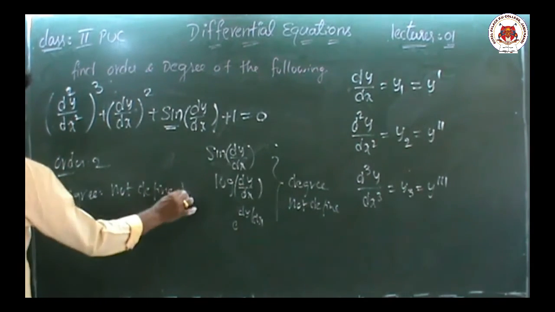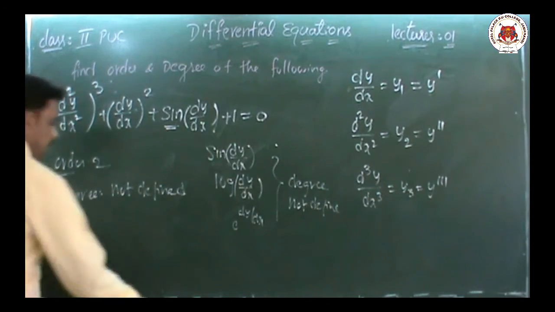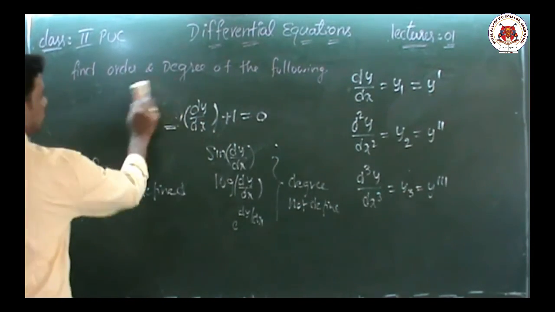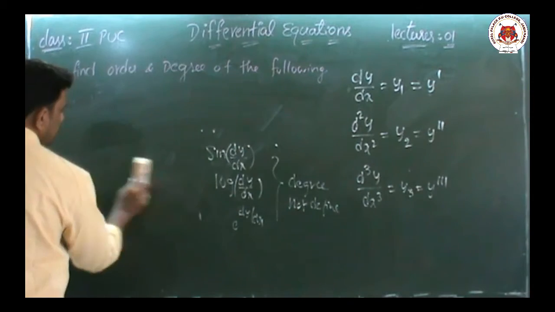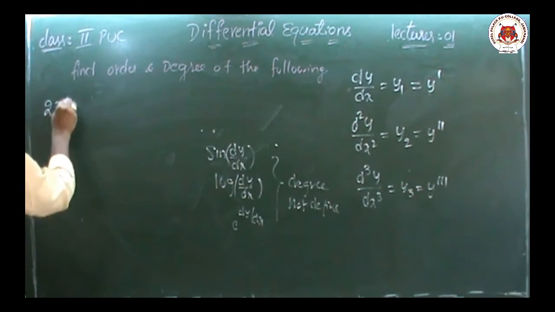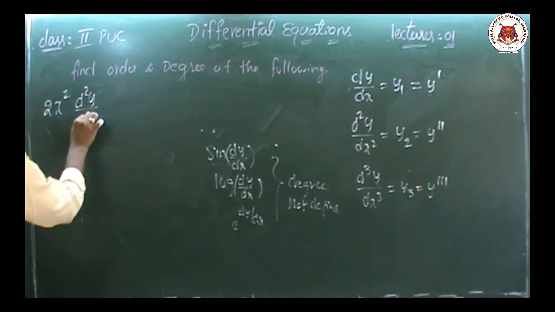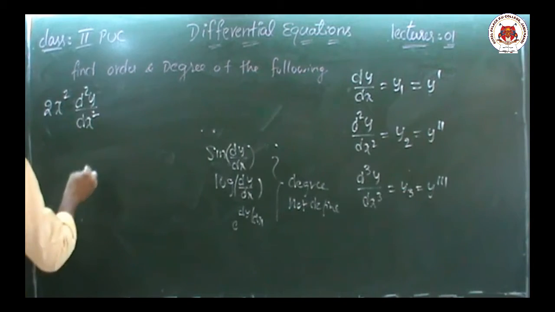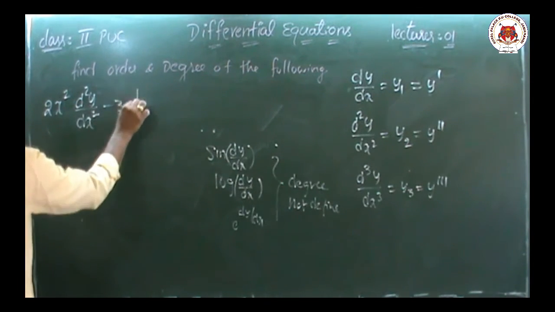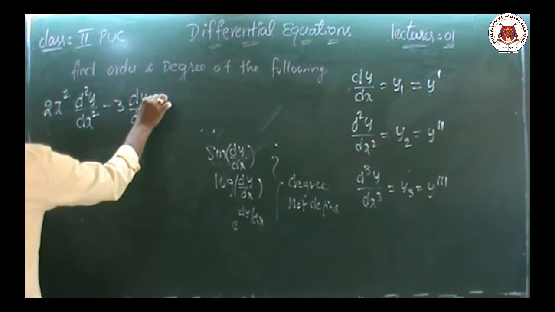To discuss another question, the next question is 2x square into d square y by dx square minus 3 into dy by dx plus y equal to 0. This is the question. So what is the order?